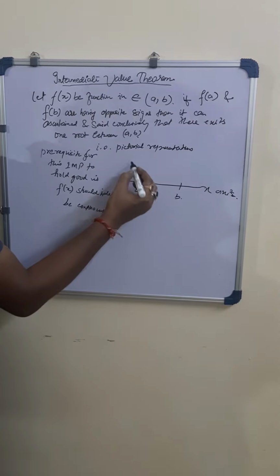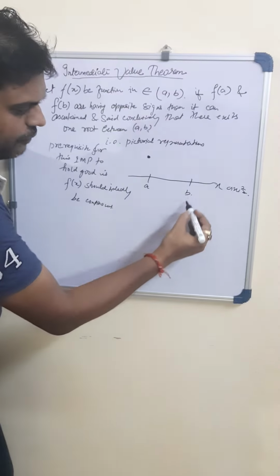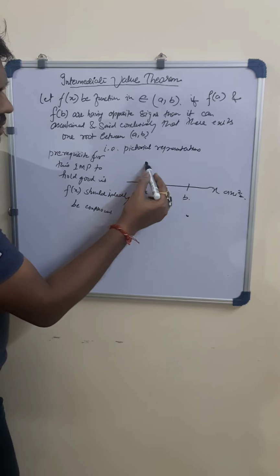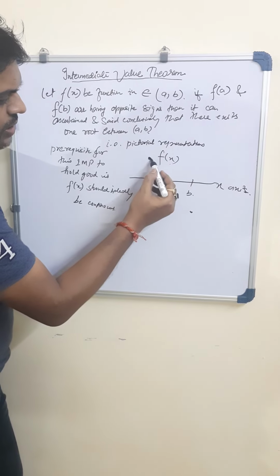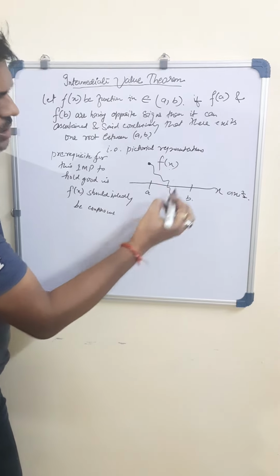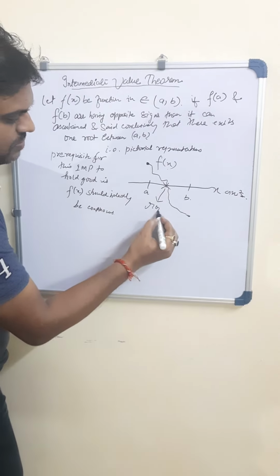So f(a), let's say, has a positive value and f(b) has, let's say, a negative value, and f(x) has to be continuous, then the only way f(x) can reach here is to cross this axis, and this is the root of the equation.